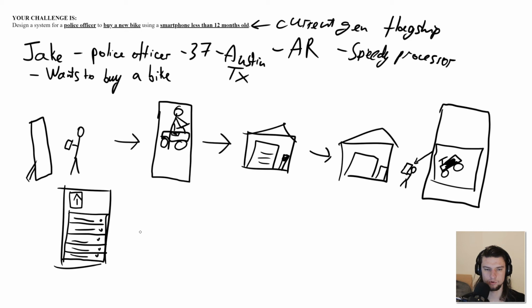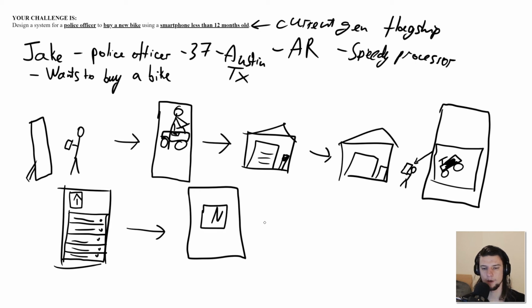So then the user chooses one of the bikes, and it doesn't necessarily have to be a 12-month-old smartphone, but it's a smartphone which has capabilities like NFC. I don't know what the NFC logo is, but not only can the user pay with PayPal or any online service, the user can also tap their credit card.